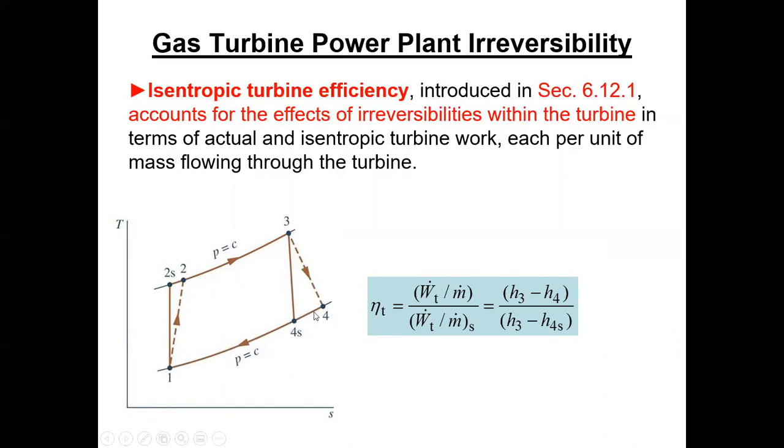And it's the irreversibility that moves us up here. And so this H4s will be a smaller number than H4, which is going to make this thing less than 1 because you've got the same inlet state at 3 and the same exit pressure, but we just have these irreversibilities that we wind up here at 4 instead of at 4s.